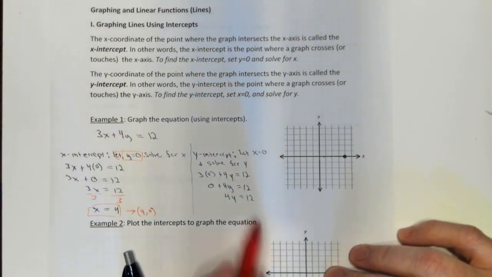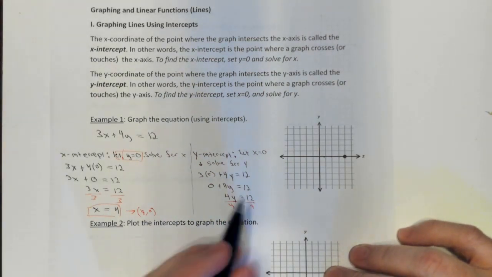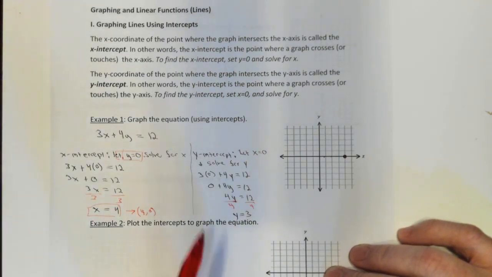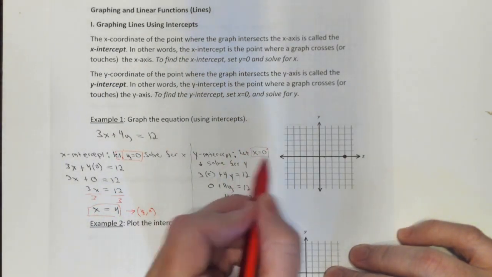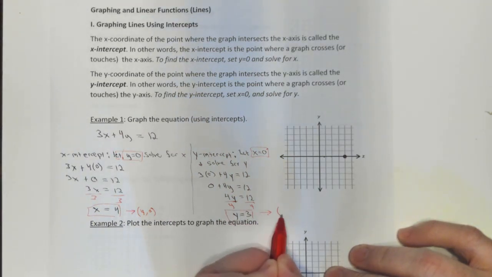Divide both sides by 4, and you get y equals 3. You always put the x-coordinate first. So if x is 0 and y is 3, that is the ordered pair 0, 3.